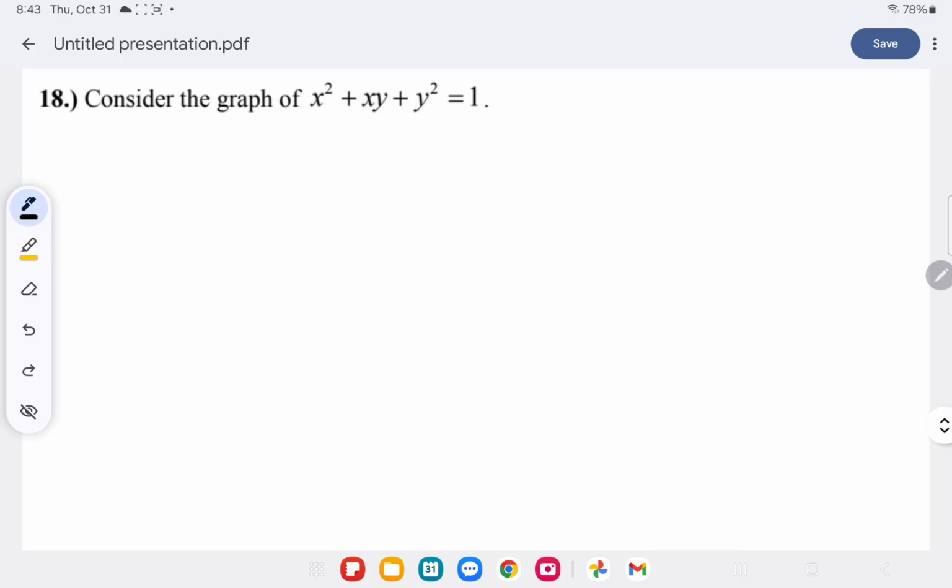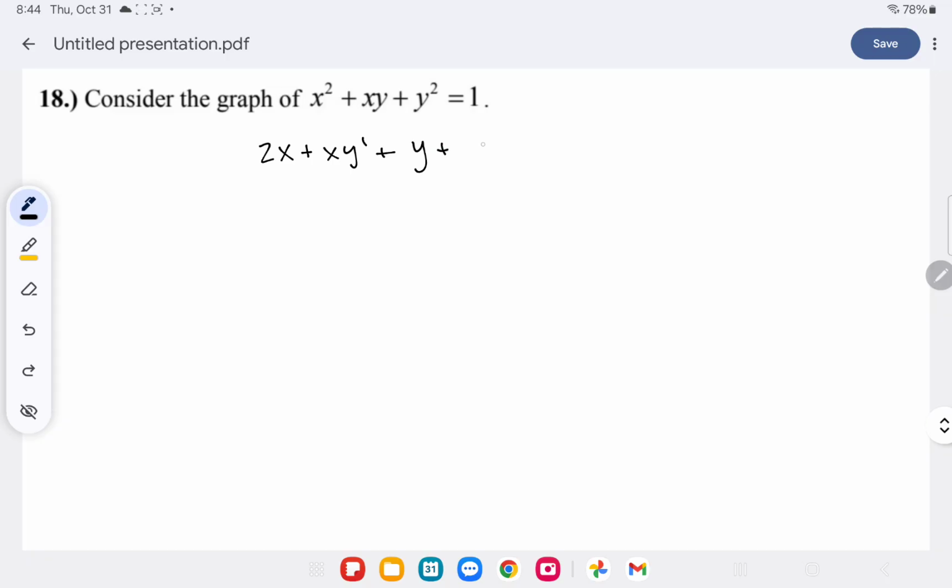Okay, another one. This one, taking the derivative of both sides, I'm assuming is the first question. I did not actually do that, and that's actually what I'm going to do on this one. So let's take the derivative of both sides. So derivative of x squared is 2x. Derivative of xy, I'm going to do first times the derivative of the second plus derivative of the first times the second.